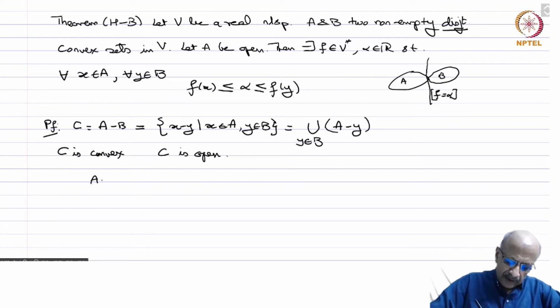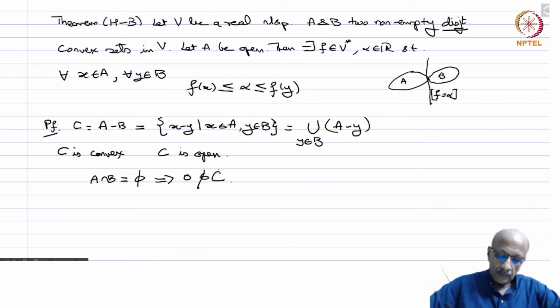Finally, A intersection B is empty. They are disjoint sets. So this implies that 0 is not in C, because you can't have x equals y. Okay, so now we go to the previous proposition. We have a convex open set and we have a point which is not in it.